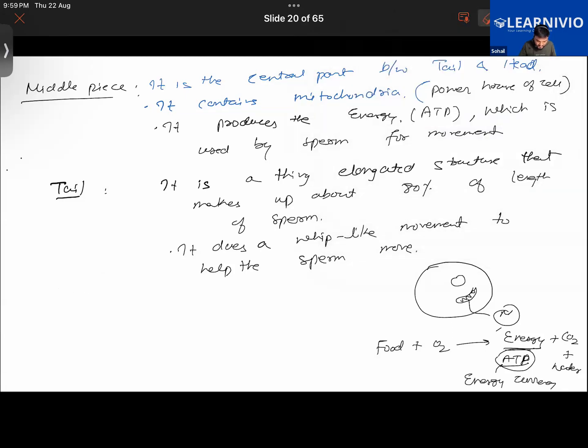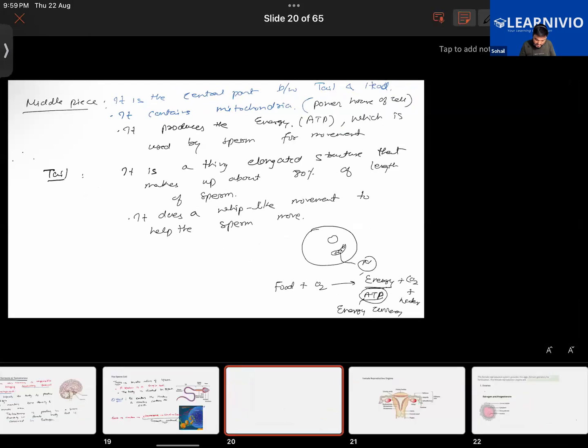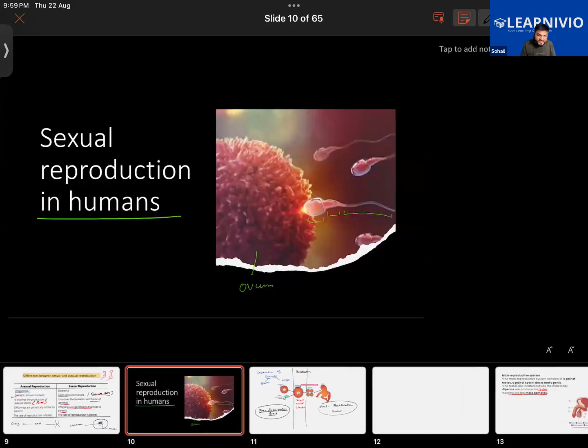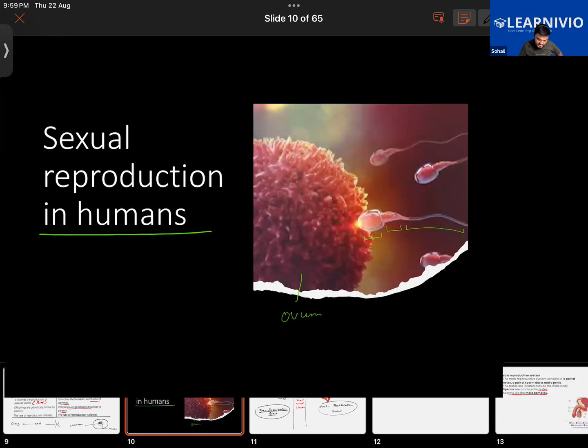It propels the sperm towards the egg. By doing a whip-like movement, the tail propels the sperm towards the egg. Hope that is clear.